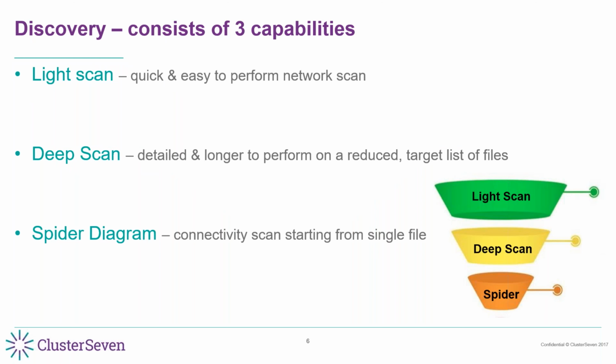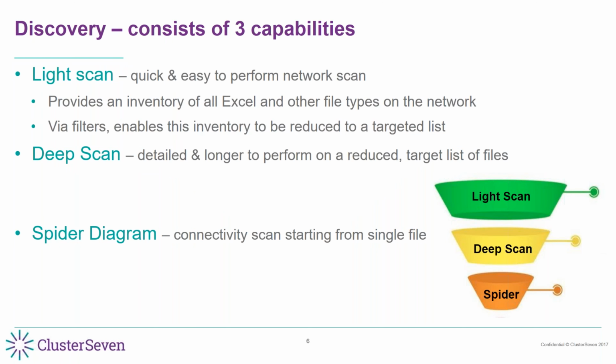Discovery consists of three capabilities in itself. As you can read here on the screen: a light scan, a deep scan, and a spider diagram. The light scan is actually a very simple process in that it's really looking at the inventory of all Excel and indeed other file types on the network.